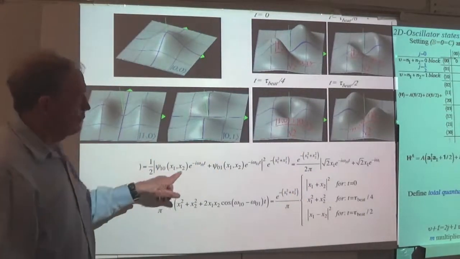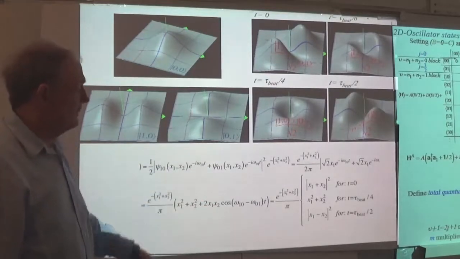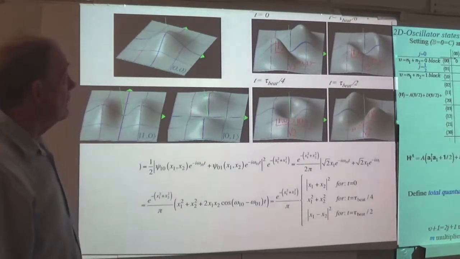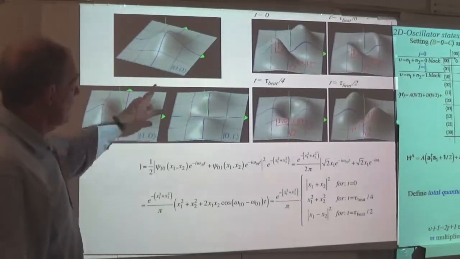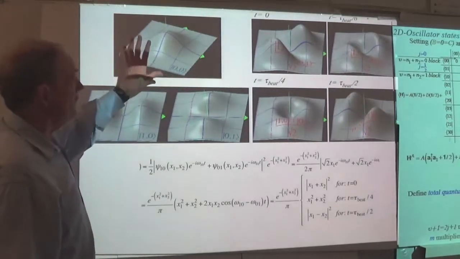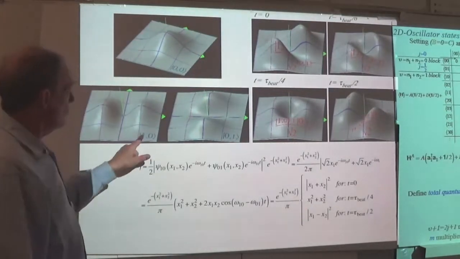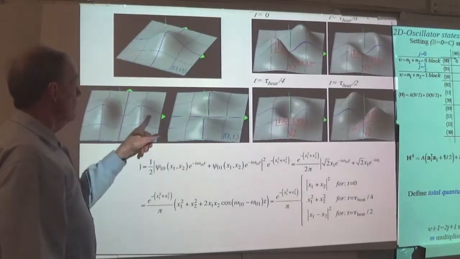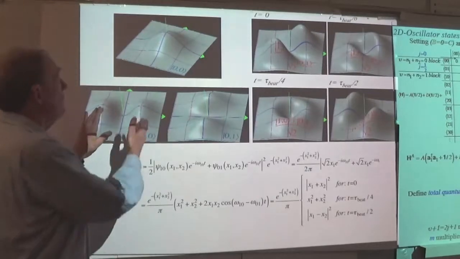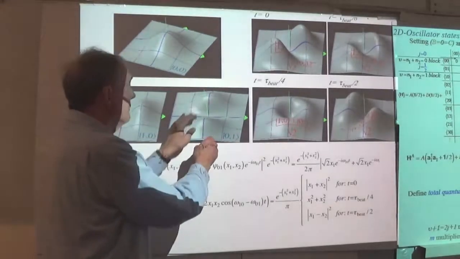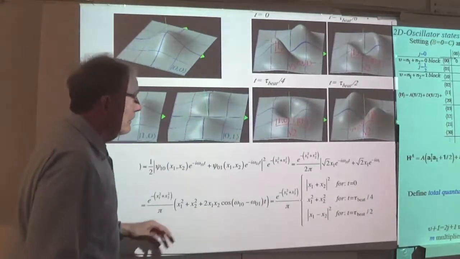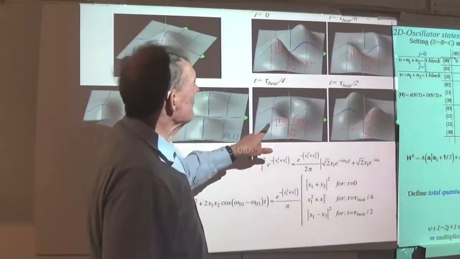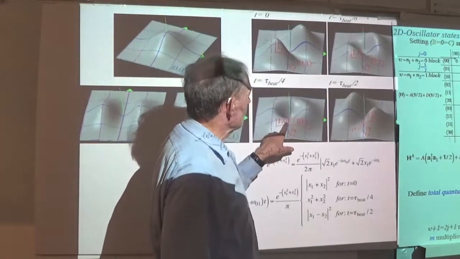Anyway, here are the actual wave functions for this. We're talking about a 0-0 state, that's just a Gaussian. Then here's a 1-0, and here's a 0-1. This one is plus and minus this way, and this one is plus and minus this way. Then this one is a combination of a 1-0 and a 0-1.